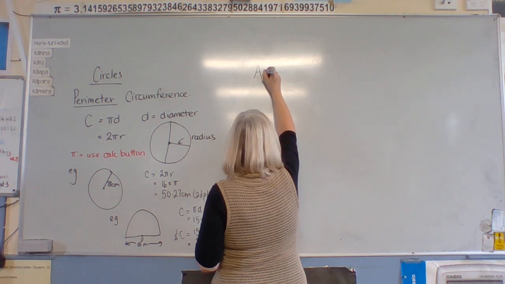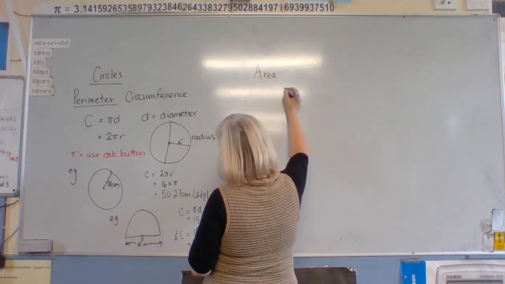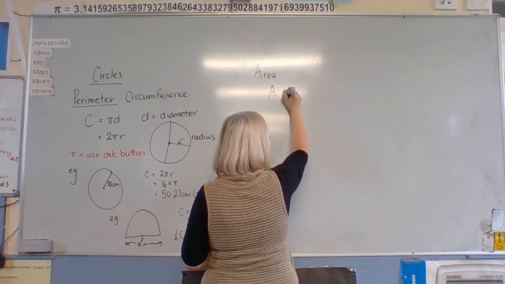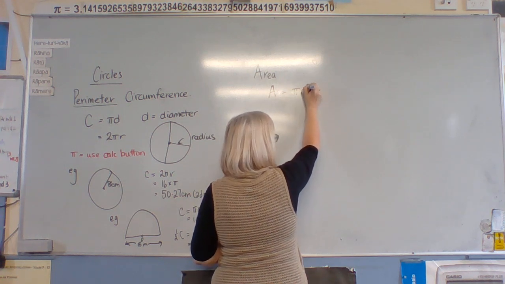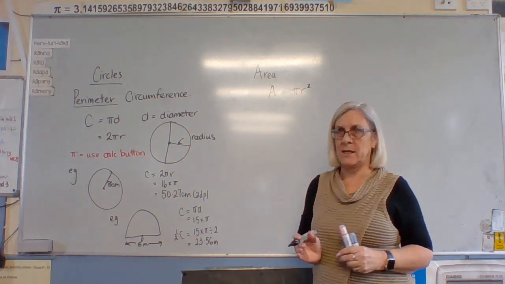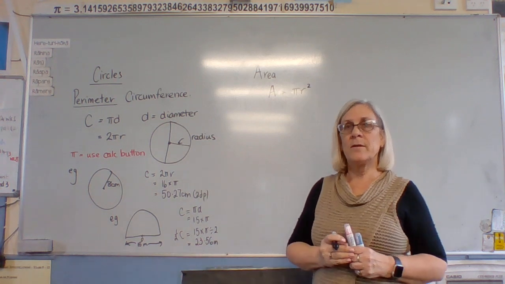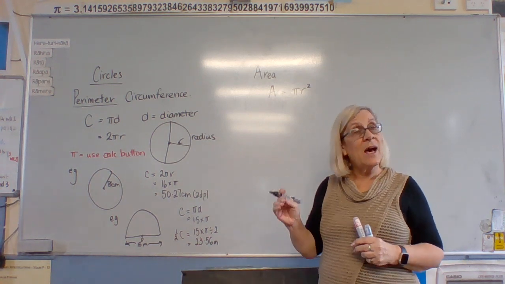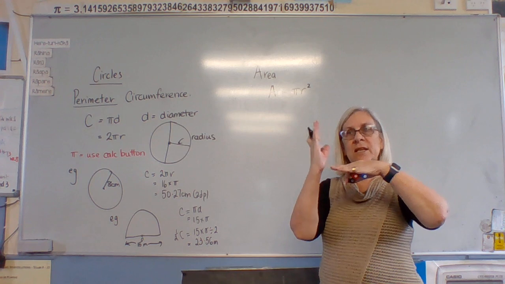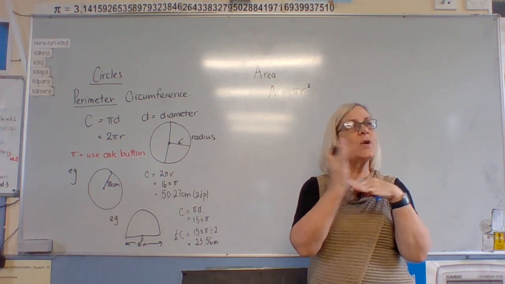Okay, moving on to the area. So we just said that the formula for area for a circle equals pi r squared. Now there's no formula with a d in it for area. And we have to have that r squared because that produces the right angle that we've been talking about.